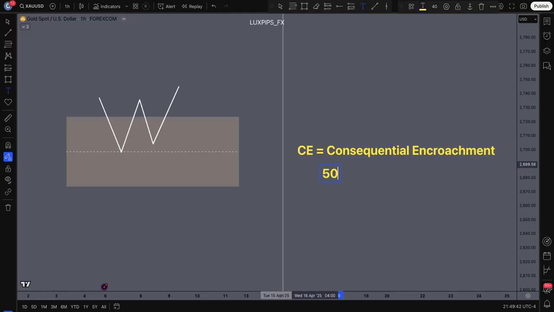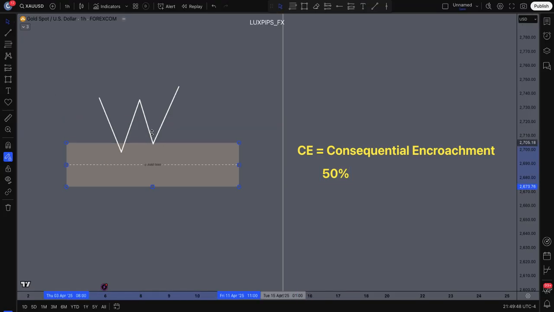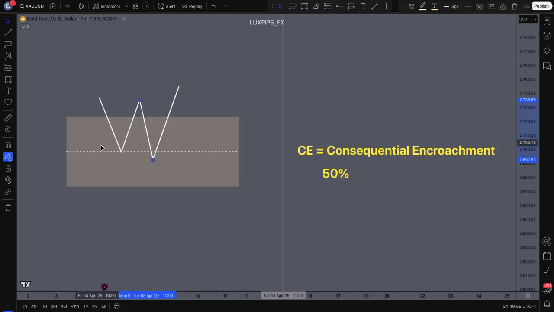Basically, it just means 50% of the POI. This midline right here is 50% of this box right here. Price could come down here to the CE and then go up, or price can use the bottom of the POI and then do the structure you wanted it to do.